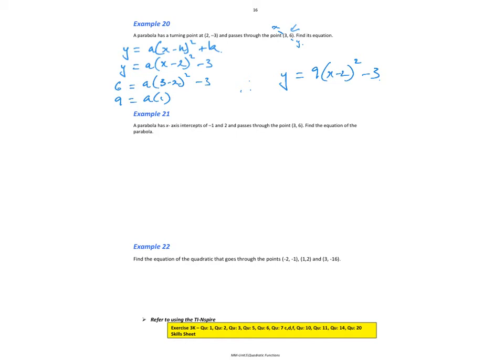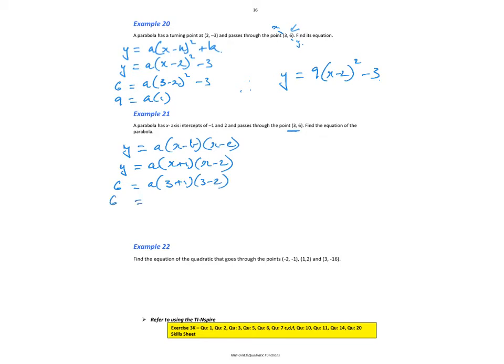This time I've got intercepts. So my intercept form, again, a has to be at the front. And it doesn't really matter what constants we use, okay? But we do know that if we have intercepts at -1 and 2, it means we have x plus 1 and x minus 2. So again, we need one more piece of information. Again, (3, 6). 6 is equal to some a, x is 3.